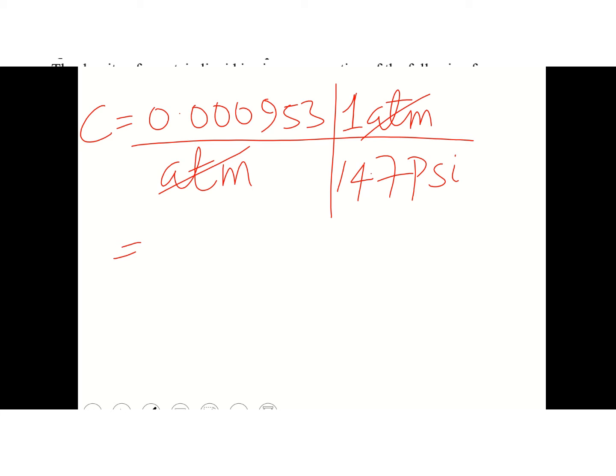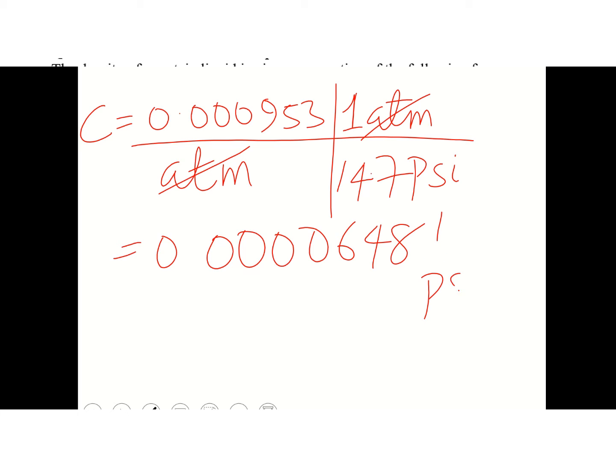Then doing some simplification and arithmetic, you're going to have the final answer as 0.1234681 per psi, 1 over psi. So this is how to get the values of A, B, and C. Thank you.